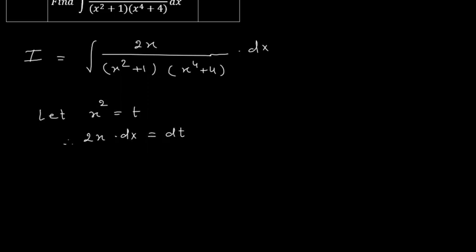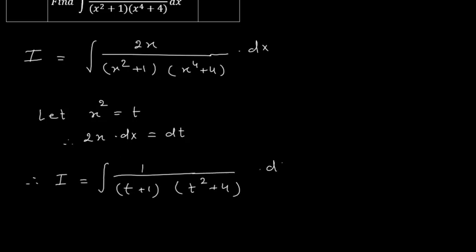So when x square is equal to t, 2x dx is dt. In place of 2x dx I will write dt, so it is 1 upon t plus 1, and here it is t square plus 4, into dt.